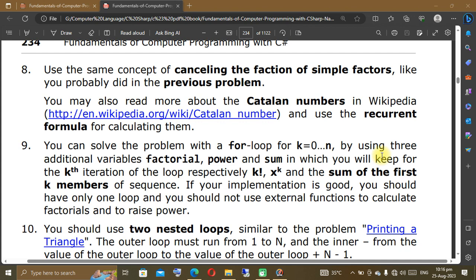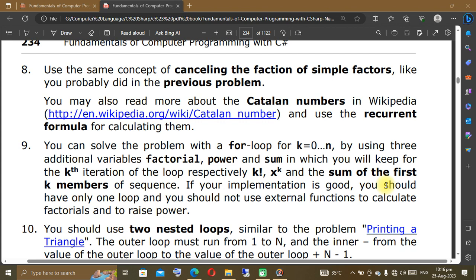If your implementation is good, you should have only one loop, and you should not use external functions to calculate factorials and to raise to a power.